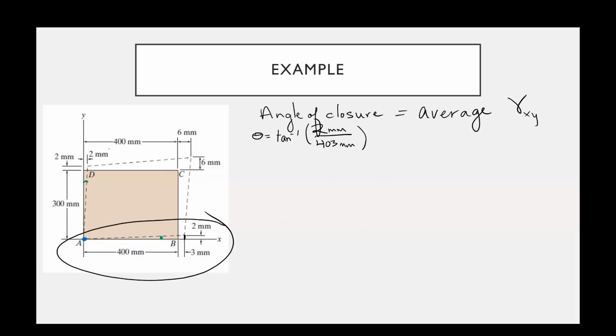Now the second angle, this angle from line AD, is adding to that. So that's the inverse tangent of opposite, which is 2, that would be this value here, divided by 302.